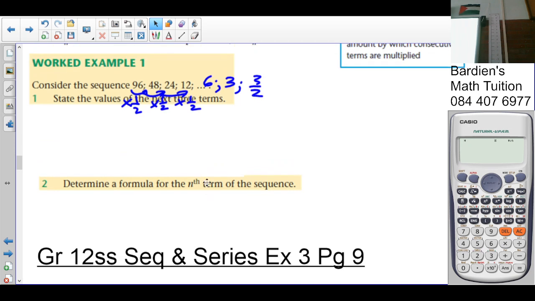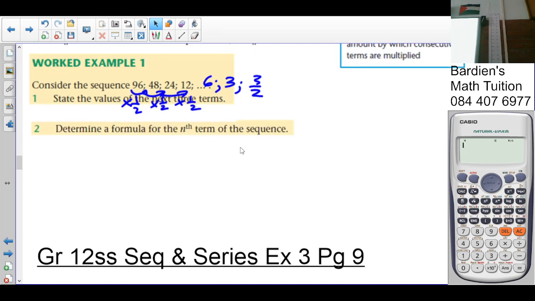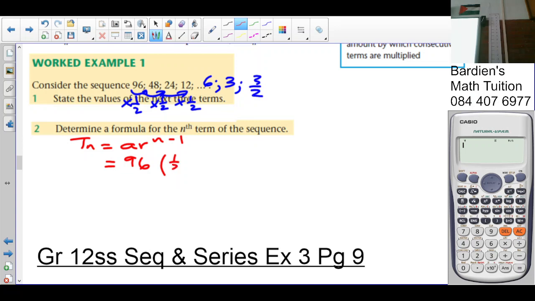Determine the nth term of the sequence. Since it's geometric, it follows the formula Tn is equal to A R to the n minus 1. What is my A value? The first term, and my first term is 96. What's my R value? A half, raised to the n minus 1.